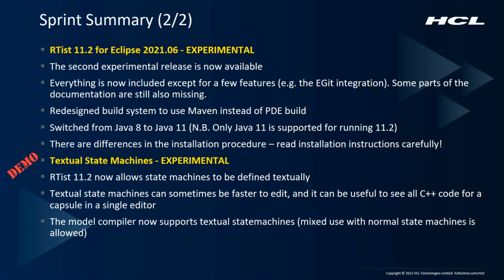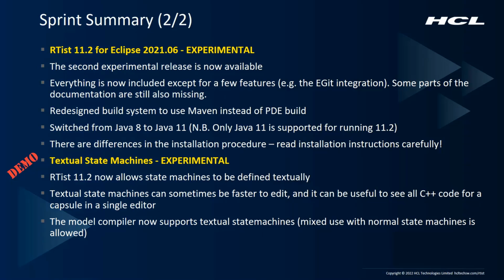That means we had to redesign the build system from scratch, and now we're adding back component by component into the build again. There are also some differences in the installation procedure that I highlighted in the last sprint, so make sure to read the installation instructions carefully before installing 11.2 for the first time.